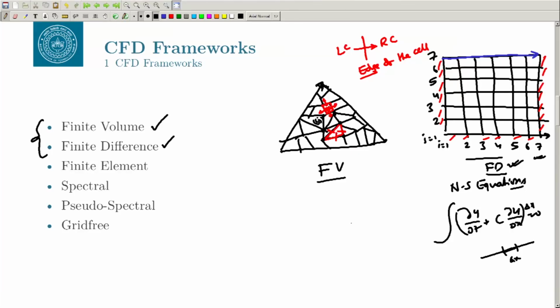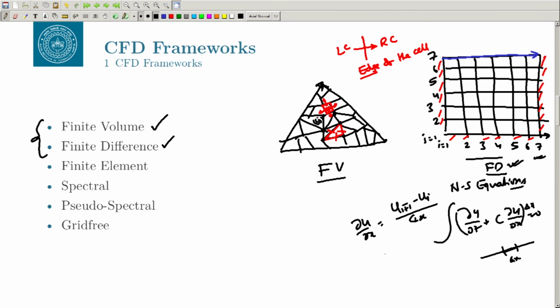So, you can go to very high order schemes, as we will see later. If you are just calculating this du by dx using only the left and right point, let us say (u_{i+1} - u_i) by delta x, you have a certain accuracy.